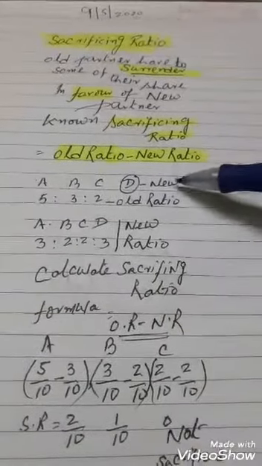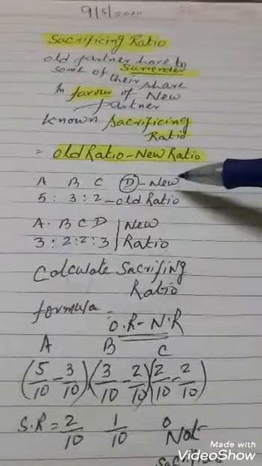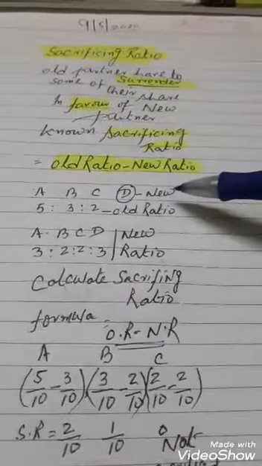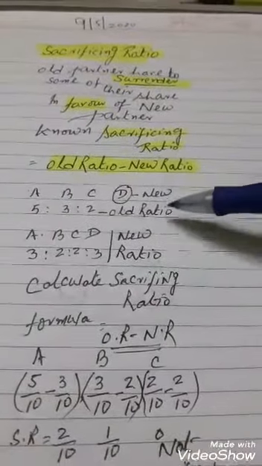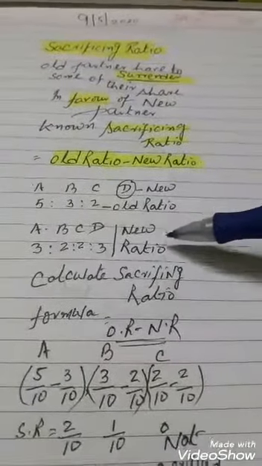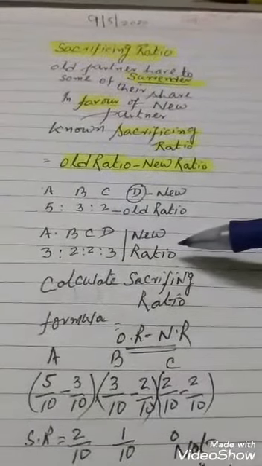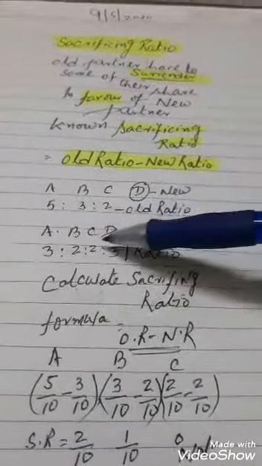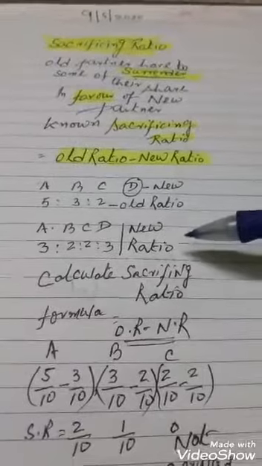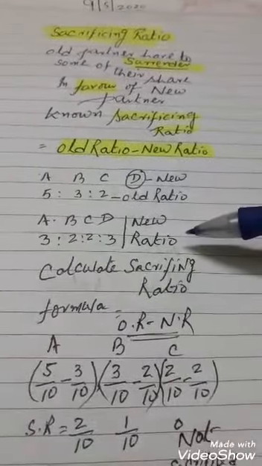They admit D as a new partner. When D is admitted, the new ratio becomes 3:2:2:3. This is the new ratio given in the question.